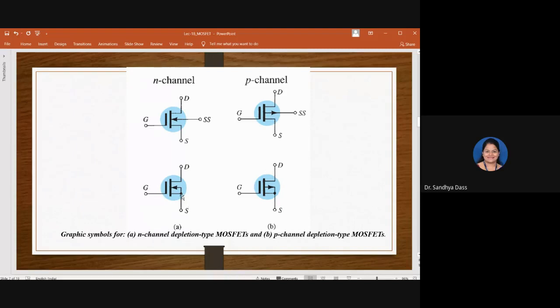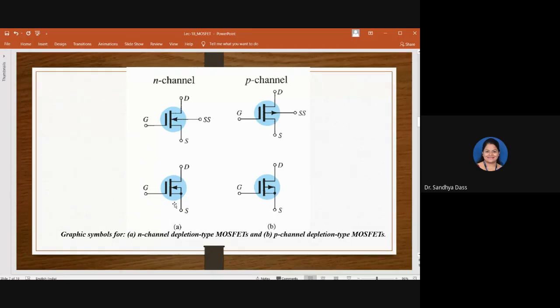As I mentioned, typically the substrate and source terminals are tied together, so both types of symbols are valid, showing a separate substrate or the substrate tied with the source. Generally this symbolic representation indicates the three terminal device: drain, source, and gate. This is the N channel depletion type MOSFET, the symbol for N channel D MOSFET. Please note it down.